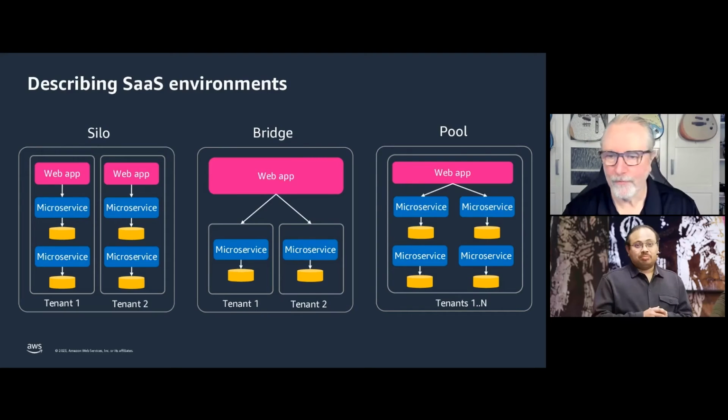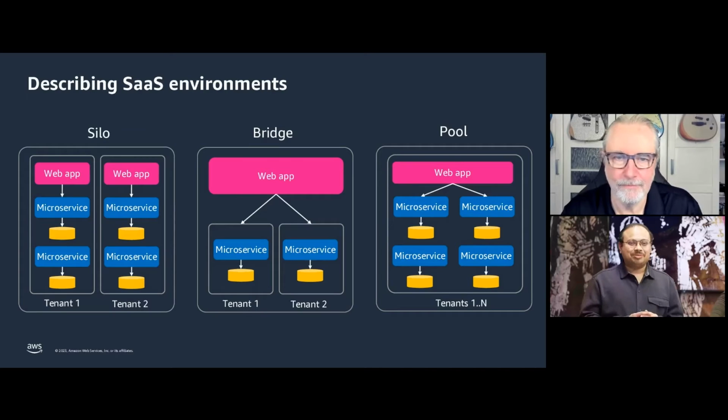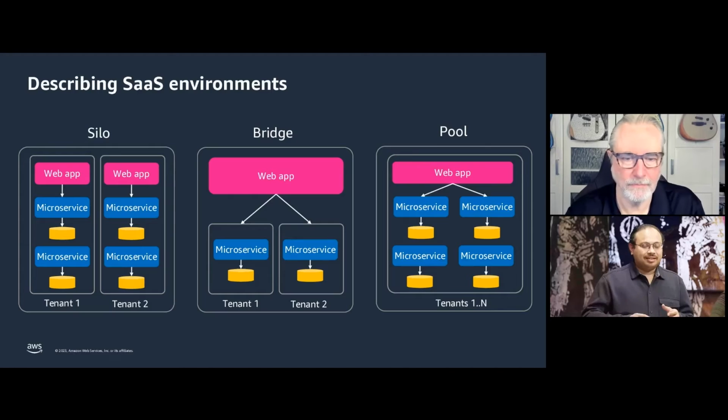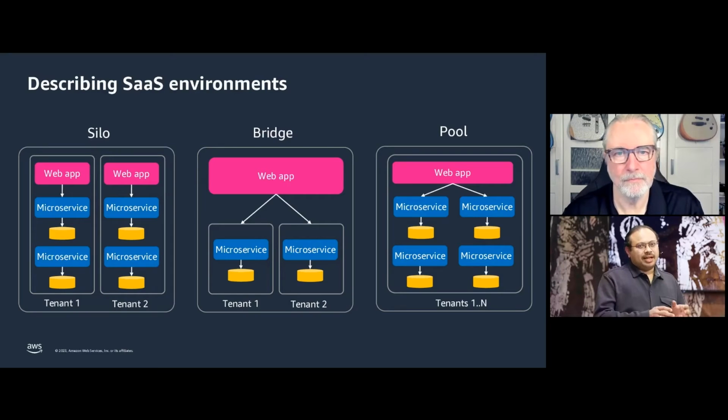Which is the right approach? A favorite answer is it depends. What are your business drivers? What are your business motivations? It's influenced by different factors, which we'll talk about later. There is no one size fits all approach. So we also talk about a bridge model, where a certain set of components, a certain set of services are in a silo model, and some set of components could be in a pool model.